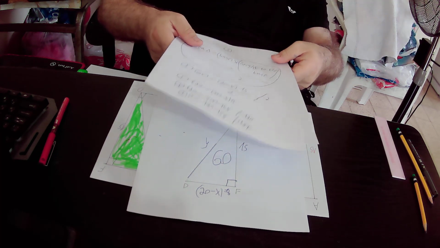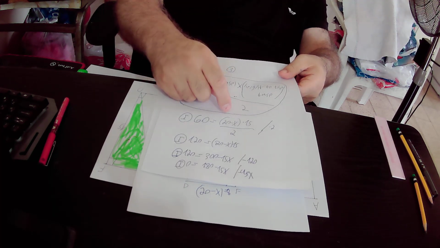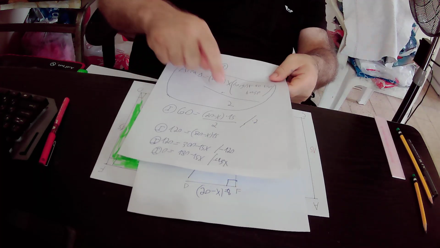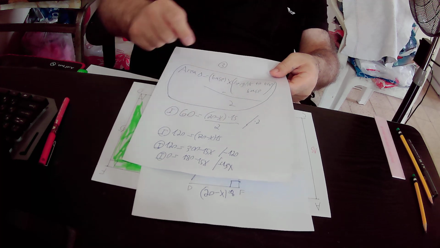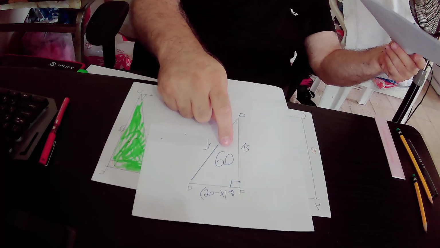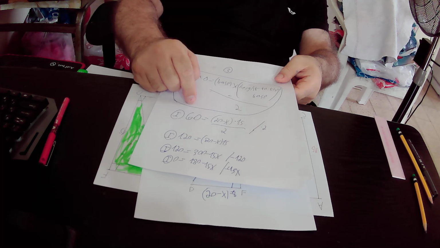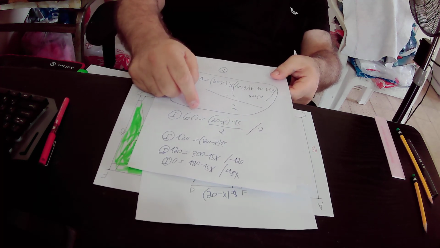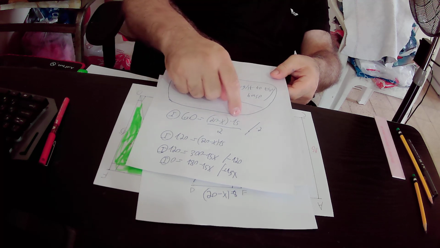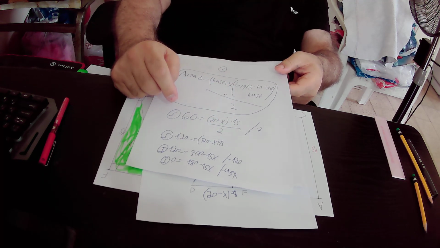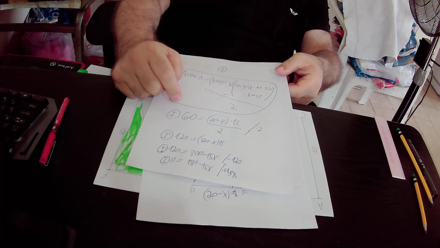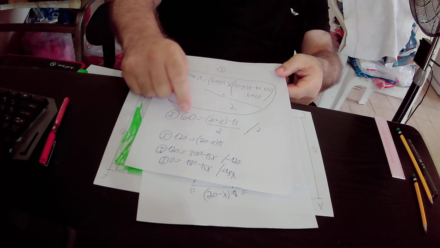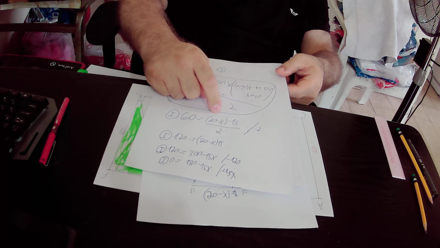So the area of the right triangle LFD is the base, that is 20 minus x, times the height to the base, that is 15 units, over 2. And we know that the area of this right triangle equals 60 square units. Okay? So we got that 60 equals (20 minus x) times 15 over 2. Now we multiply equation number 1 by 2. We got that 60 times 2 is 120, and here we have (20 minus x) times 15.